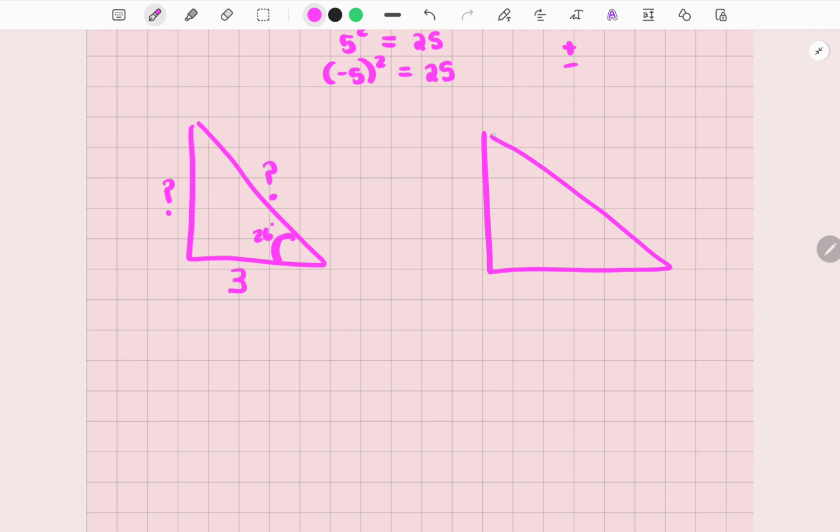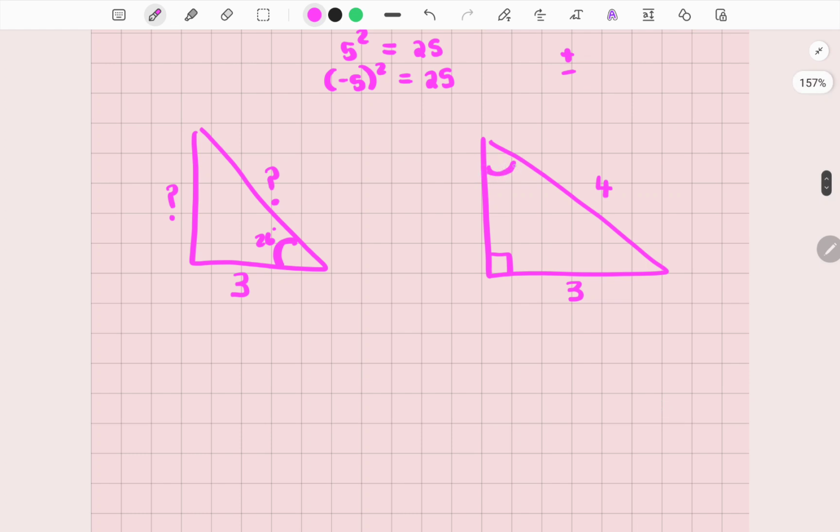Or we can give you two sides and ask you to work out an angle size, or give you a side and an angle and ask you to work out the other side. Let me quickly summarize that for you, and then we're going to take it from there.